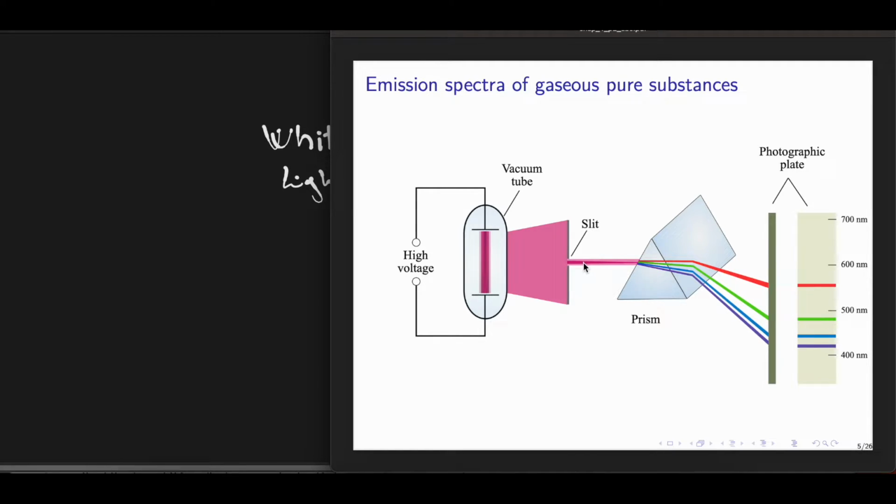This red light, if it goes through this slit and passes through this prism, will also be decomposed into different colors. However, contrary to the white light, here we don't have a continuous spectrum. Instead, we get bright lines, as we see here: the red light, the green, the blue, and the violet. Here we have a line spectrum.